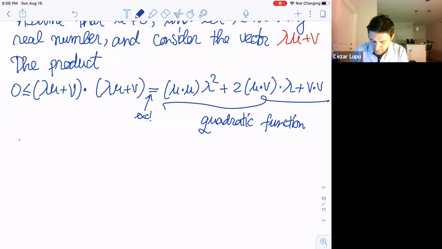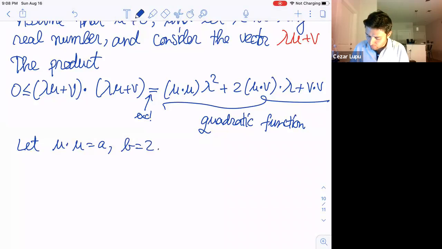Let me consider u dot u, and we'll denote this by a. b will be 2 times u dot v, and c will be v dot v.